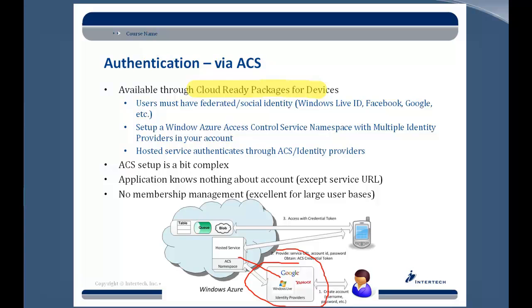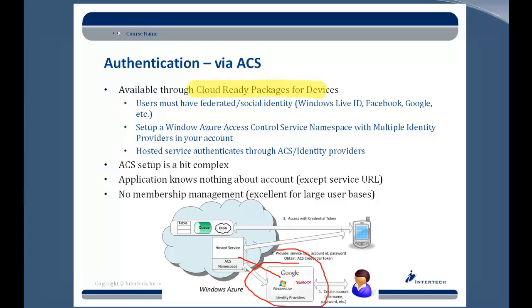The namespace providers, the Googles, the Facebooks, the Windows Live ID, etc., those are the folks who are now essentially providing the identity and proof of who they are, the authentication data. Our Windows Cloud mechanism now just allows us to take advantage of all that data. This is a bit more complex to set up, as you might imagine.